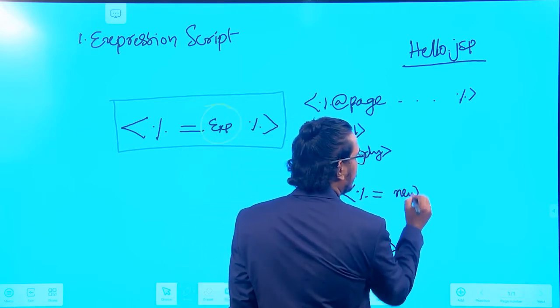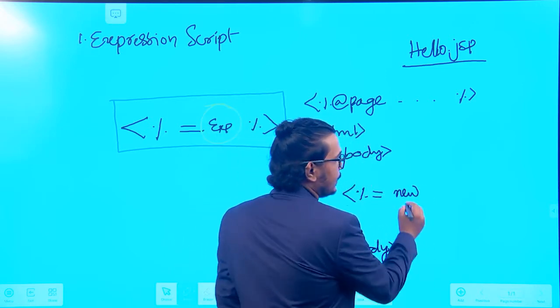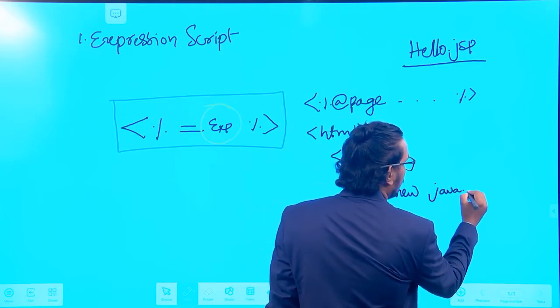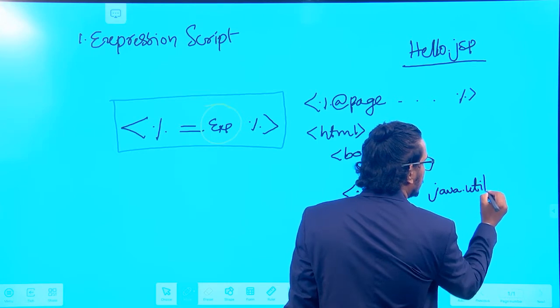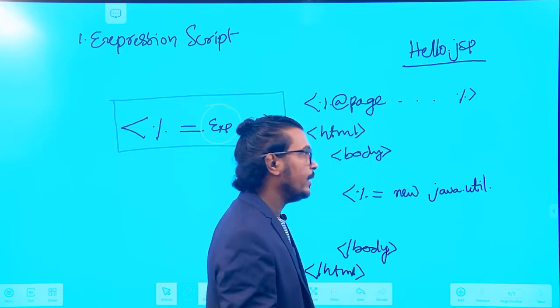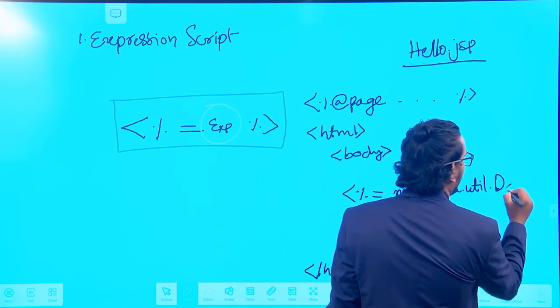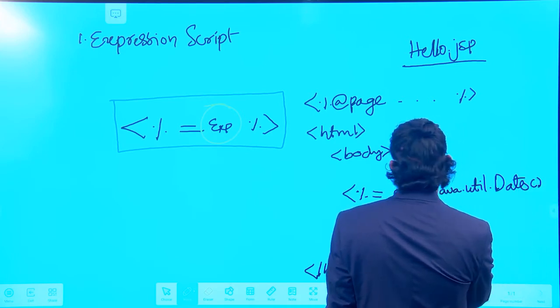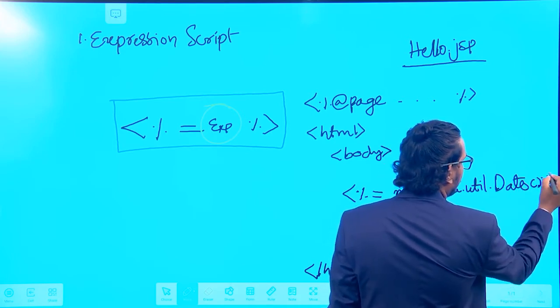That particular date object is available in the namespace java.util.Date. Once your expression is done, you close your scriptlet tag.